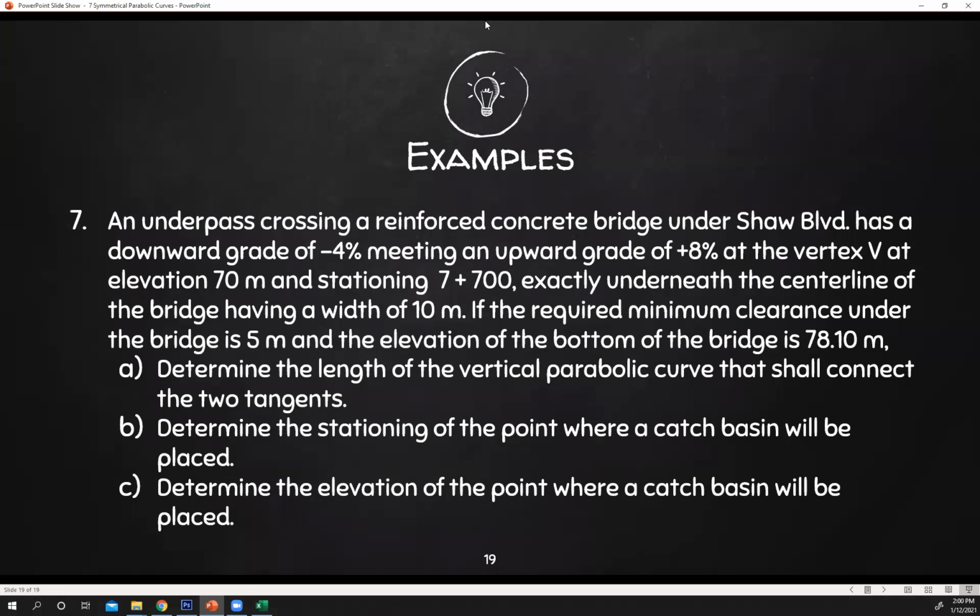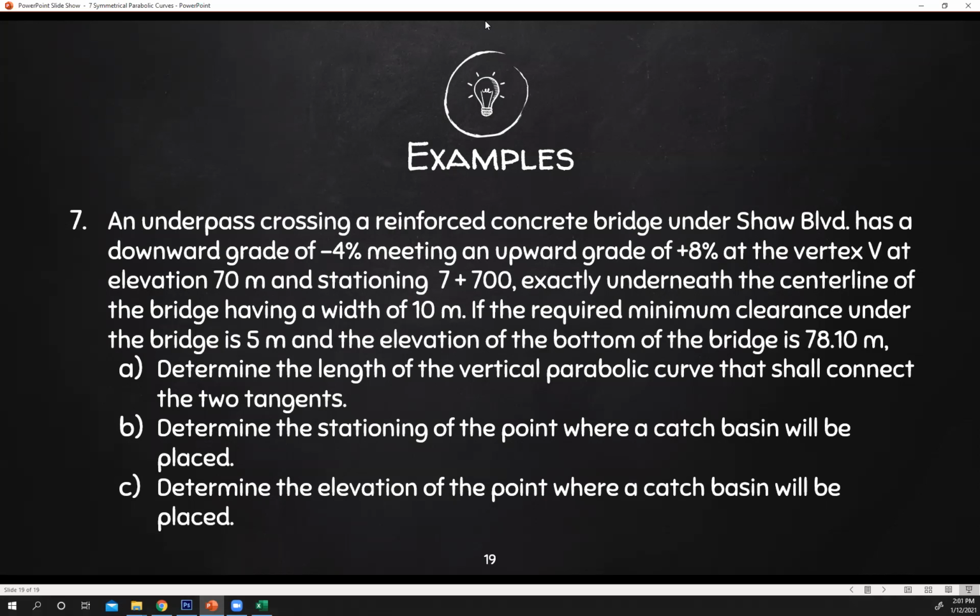If the required minimum clearance under the bridge is 5 meters and the elevation of the bottom of the bridge is 78.10, letter A, determine the length of the vertical parabolic curve that shall connect the two tangents. Letter B, determine the stationing of the point where a catch basin will be placed. And letter C, determine the elevation of the point where a catch basin will be placed. So we're looking for length, stationing, elevation of catch basin, and length of your parabolic curve.